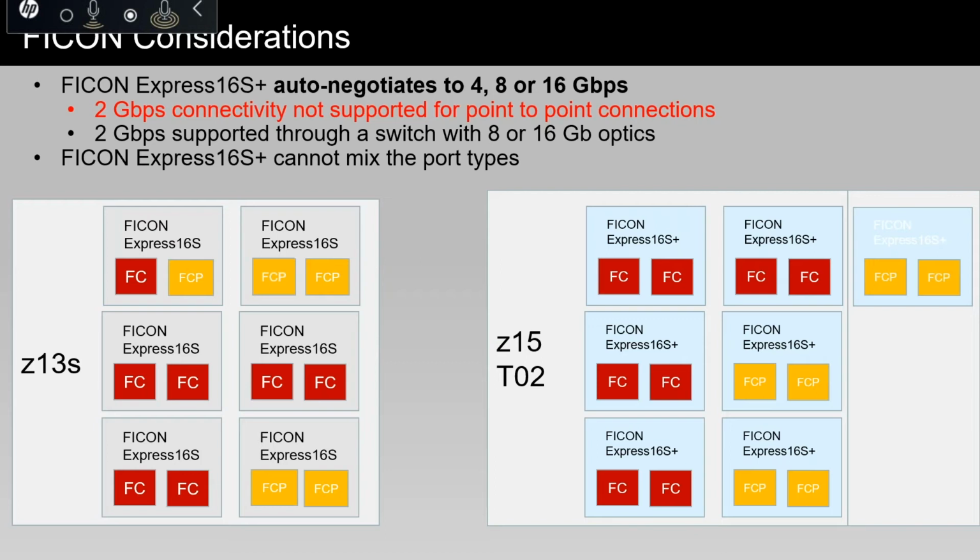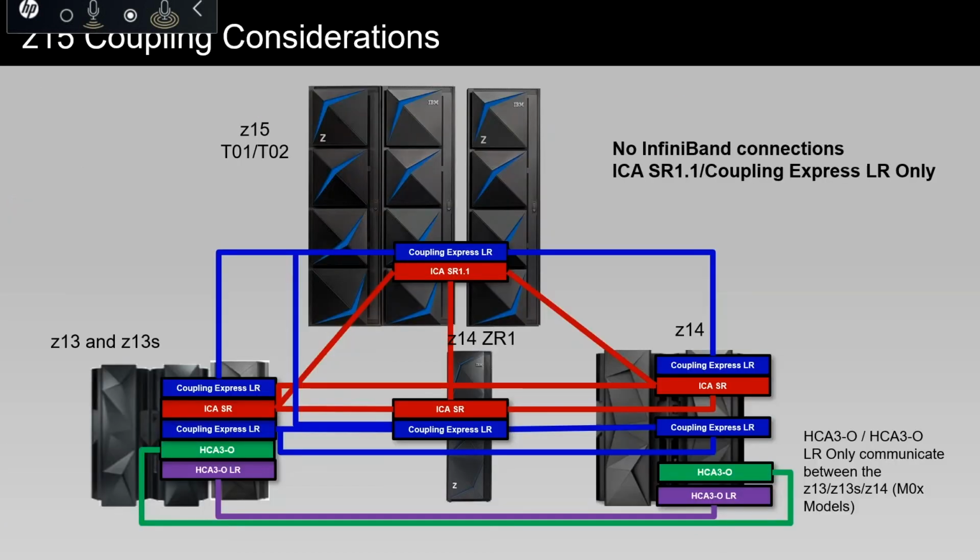And as always, when we do systems assurance, this is one of the questions that will certainly come up, and ask if you're doing fiber channel protocol to make sure you count the ports, and we know exactly how many ports are fiber channel, how many are fiber channel protocol, and then we go from there.